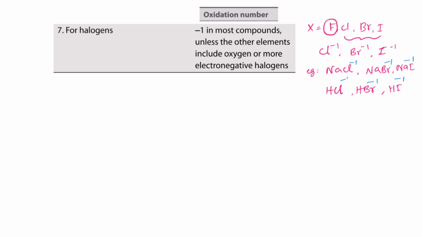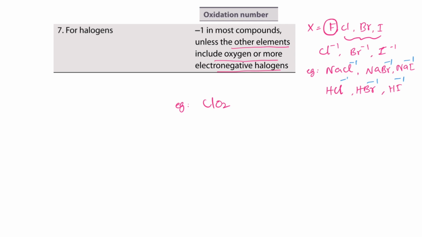But in the other case, the statement says unless the other element is oxygen or a more electronegative halogen. For example, ClO2. Chlorine is combined with the more electronegative oxygen.